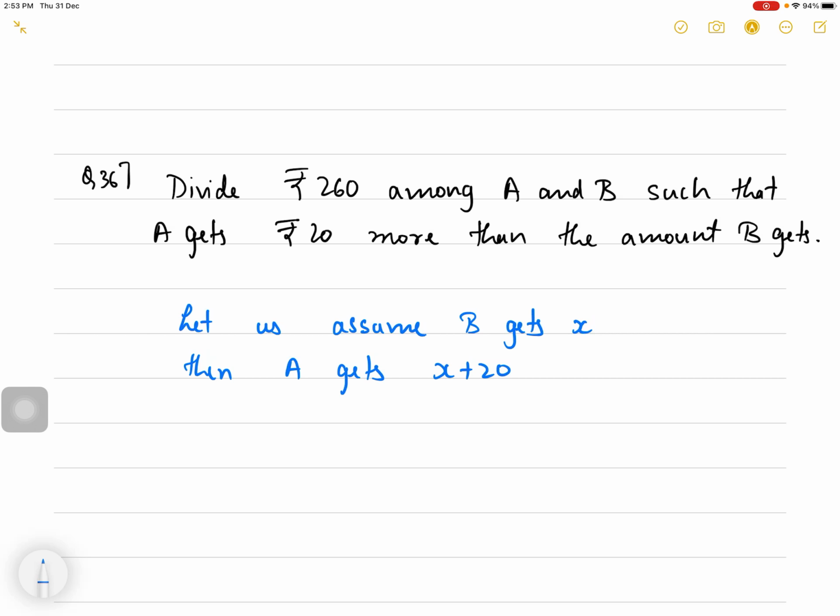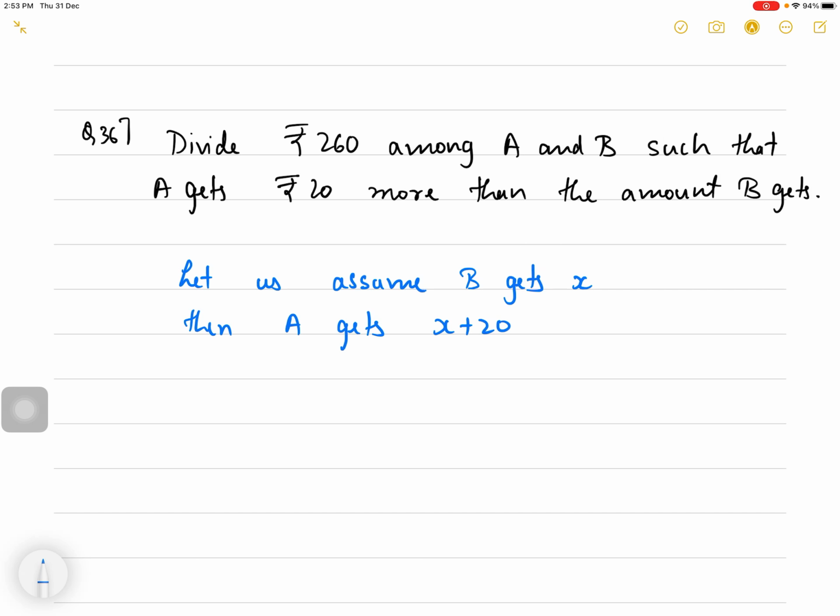You can also assume that A gets X, then B gets X minus 20. Okay, you can assume that way also, right? Now both together are getting 260. That means X plus X plus 20 is equal to rupees 260.